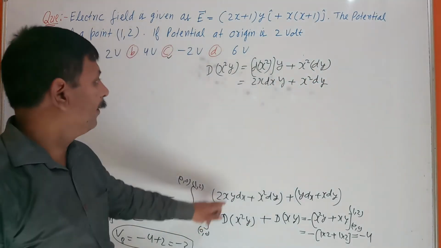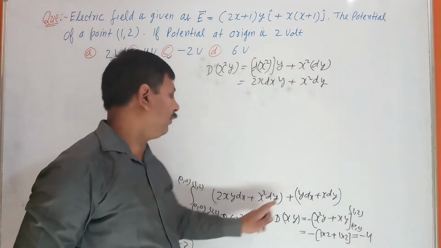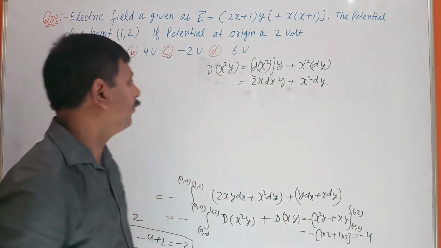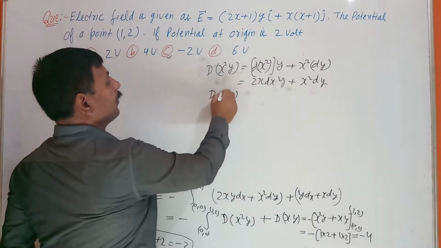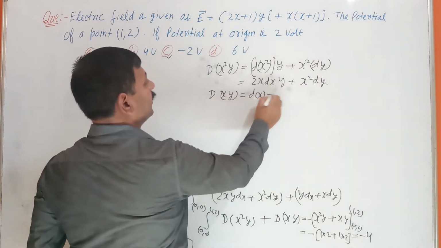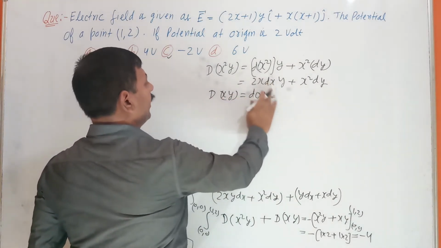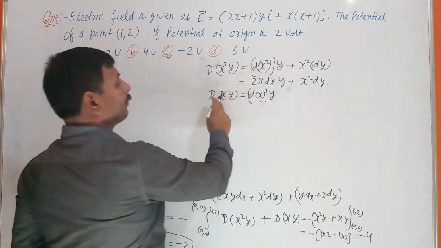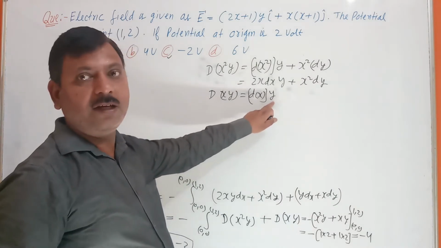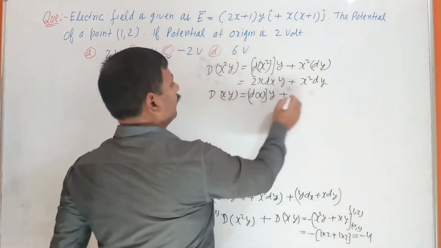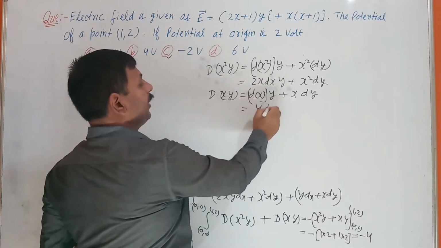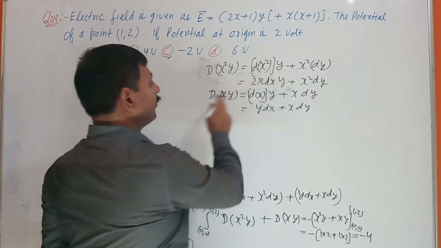So you can see this 2xy dx plus x square dy is the differentiation of x square y. In the same way, you can see d(xy). If you apply the product rule, differentiation of the first times y, plus the first times the differentiation of the second. Here also you can say y dx plus x dy is equal to d(xy).